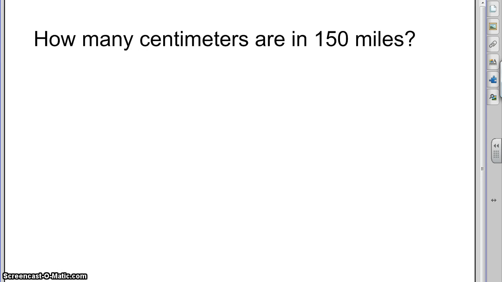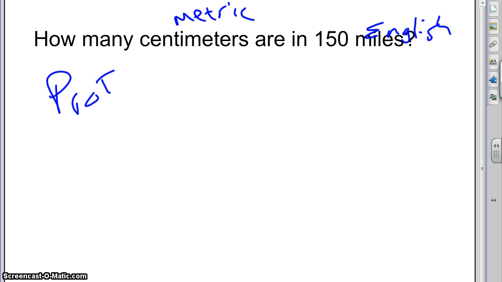So here's an example of what we're talking about. How many centimeters, that is a metric system unit, are there in 150 miles? That's an English system unit. And I'll give you a little pro tip here. Pro tip! Hashtag pro tip.